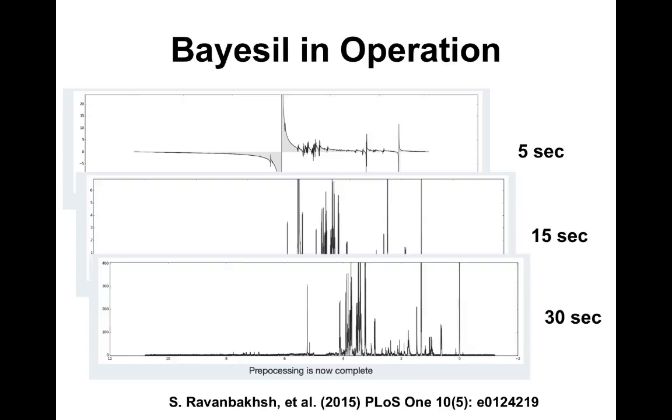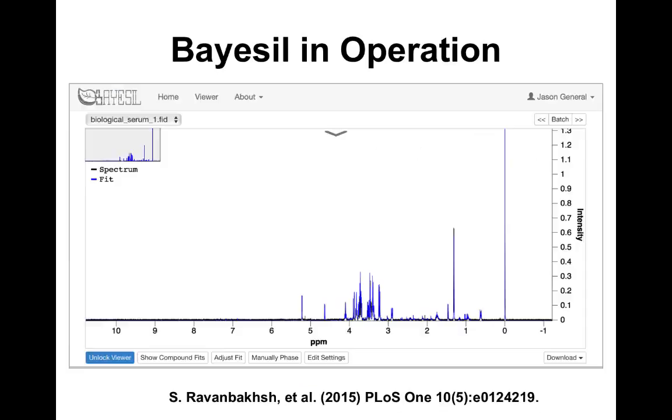But again, that's about 15 seconds. And about 30 seconds later, it has done the baseline correction, it's removed the water, it's done the chemical shift referencing. So at that stage, it's ready to start the deconvolution. This is something that normally is done manually by most NMR people, but this system is able to do it automatically. And then deconvolution will take about another 3 to 4 minutes.